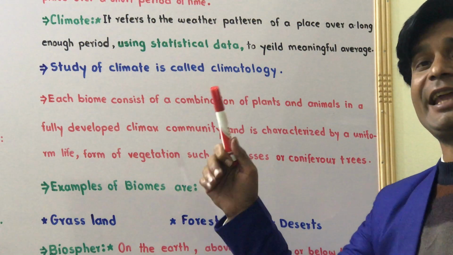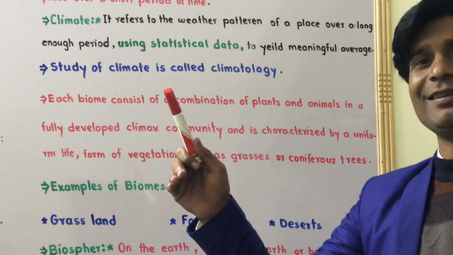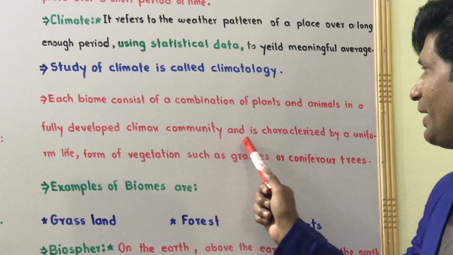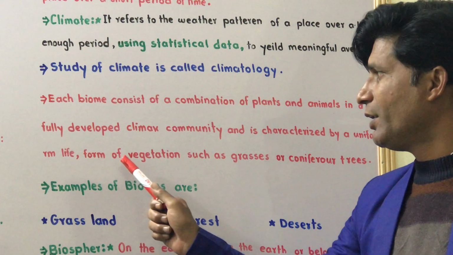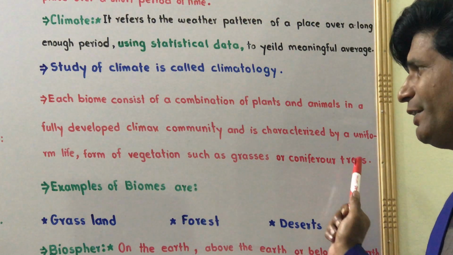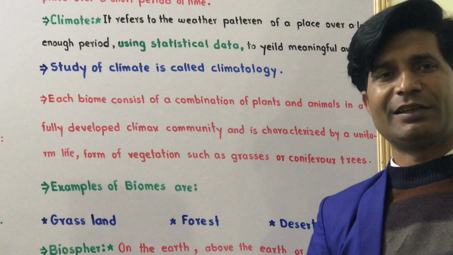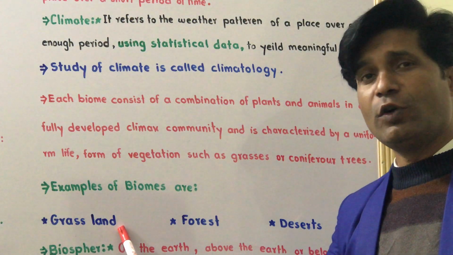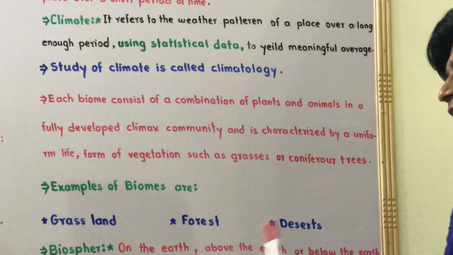The community at its peak, in which there are less chances of changes, is characterized by a uniform life form of vegetation such as grasses or coniferous trees. Examples of biomes may be grassland biome, forest, or desert.